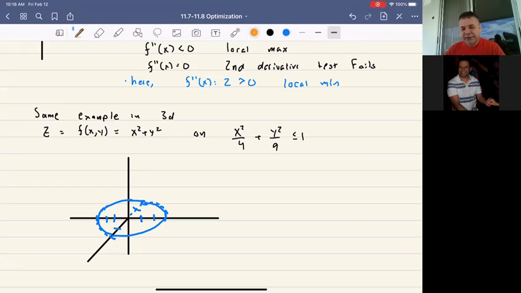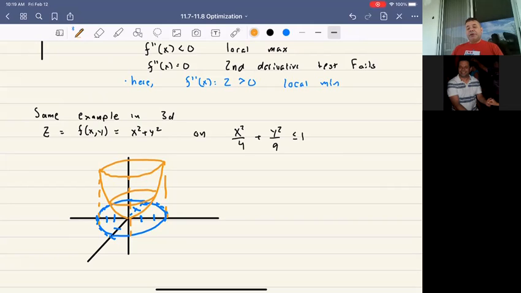That's our domain. And then we have the paraboloid. Okay, but it sort of conks out at the top here, right? Okay.